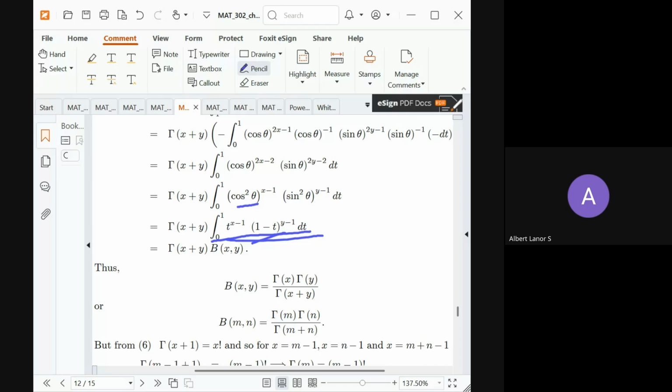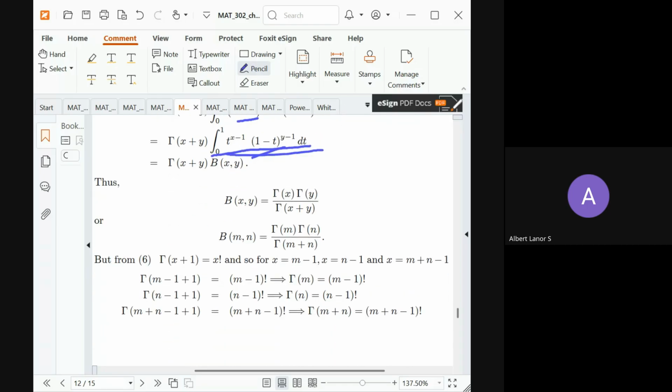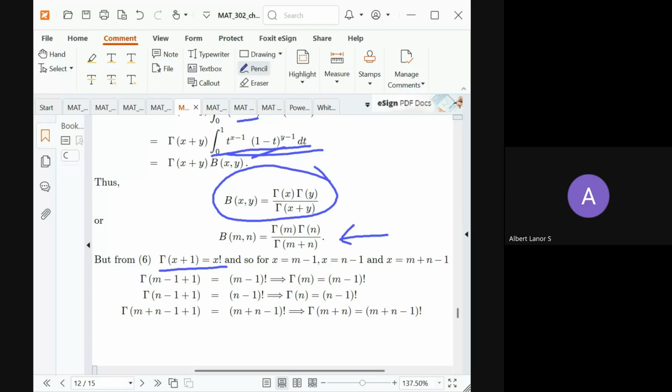So in general, the beta function of x, y is equal to gamma of x, gamma of y, divided by the gamma of the sum, or the beta of m and n is gamma of m times gamma of n divided by gamma of m plus n, where the standard definition of gamma of x plus 1 is equal to x factorial.